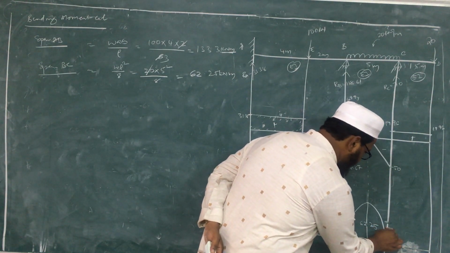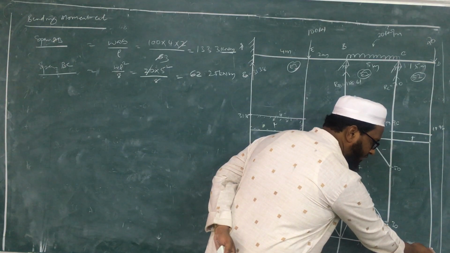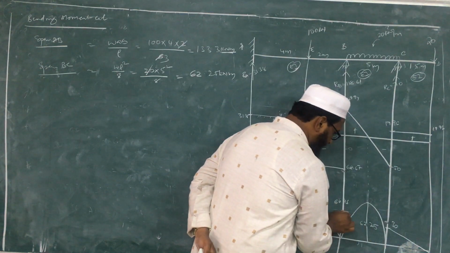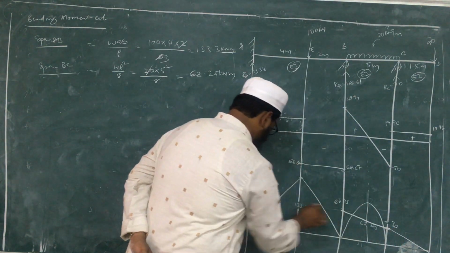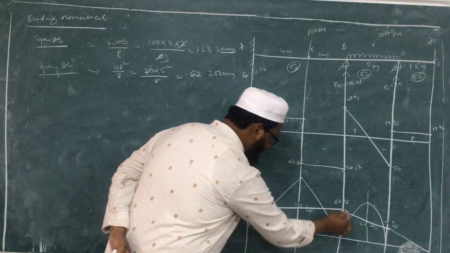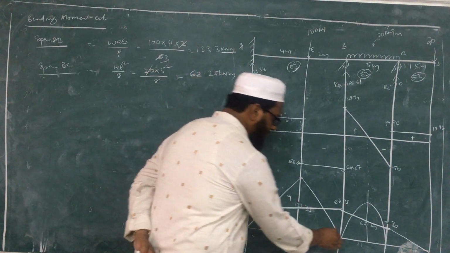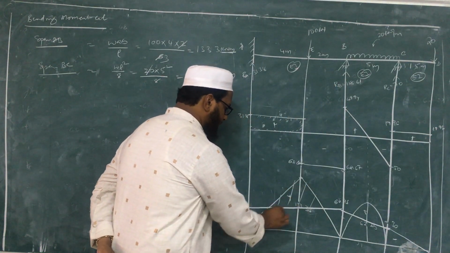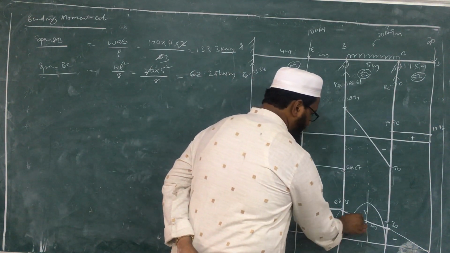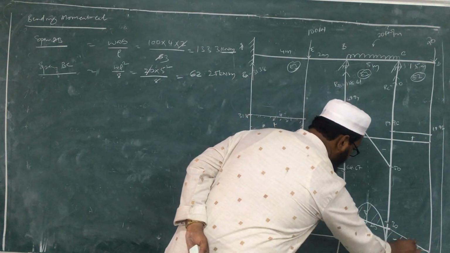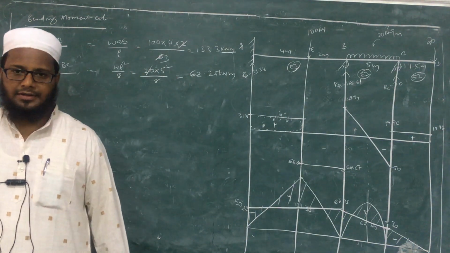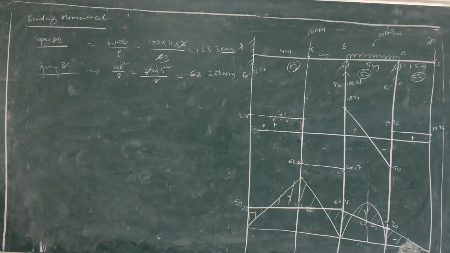So I will write 30 here somewhere below. Here the bending moment will be 0, fixed end moment will be 0, all the things will become 0 here. So this is negative, positive, negative, positive and negative here. This is your bending moment diagram for the fixed beam. Is it visible in the video? Yes. Okay. Right. Pause.